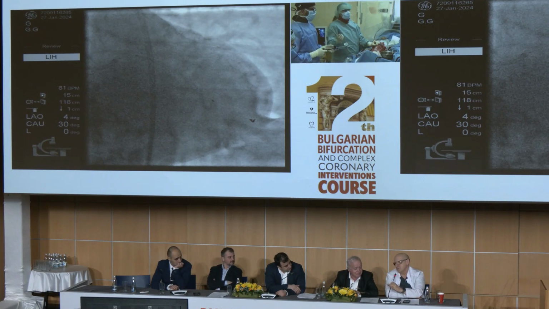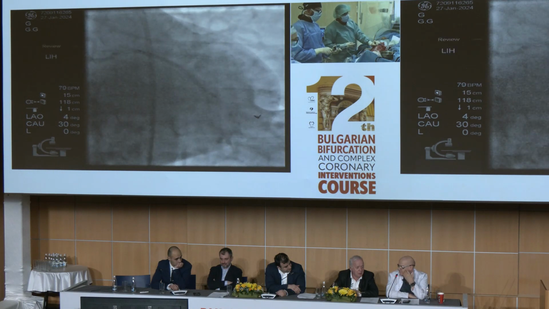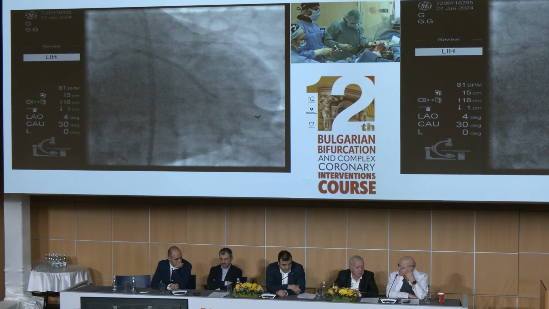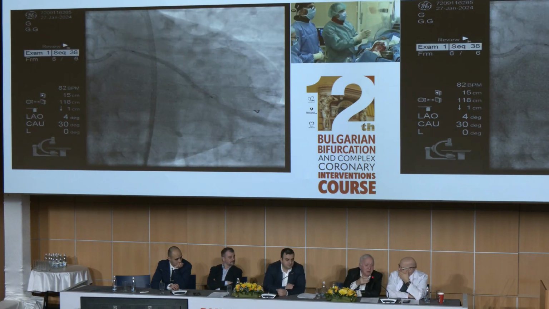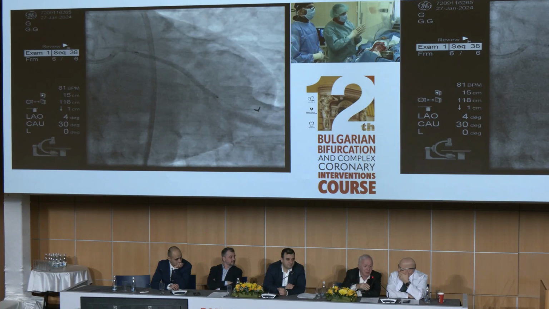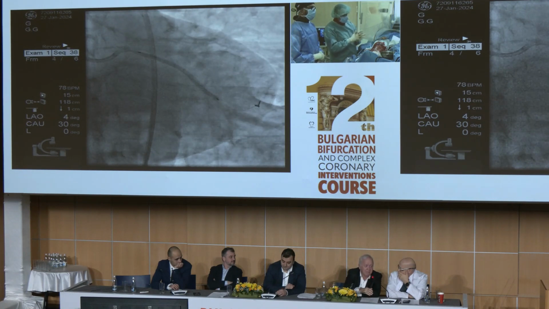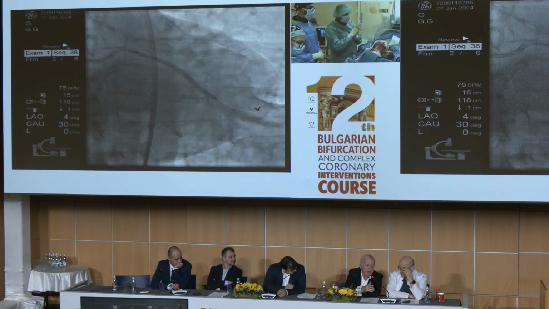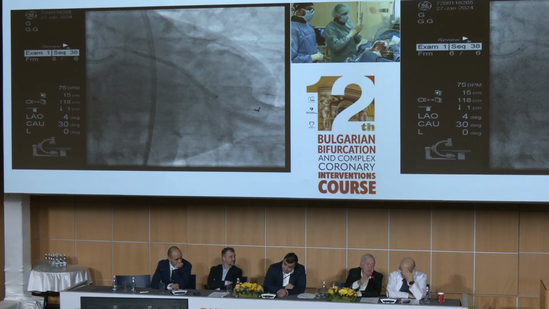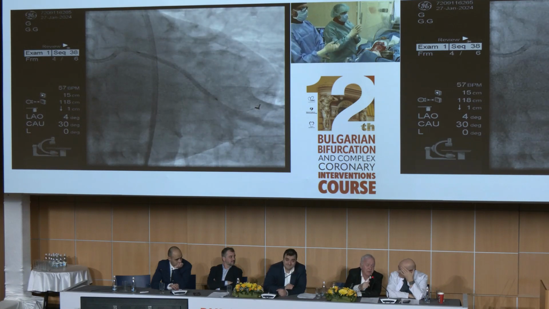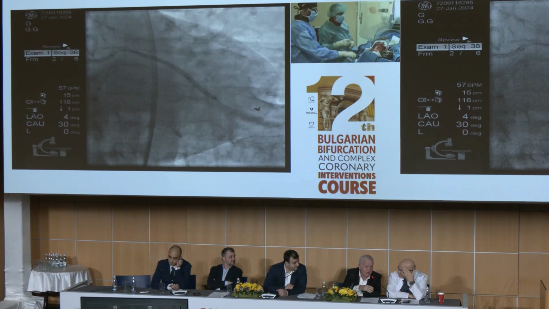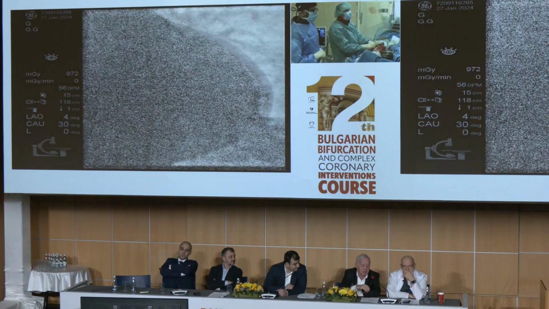What we do routinely is after putting the stent, we always go for a non-compliant balloon. I don't see the reason why we inflate a non-compliant balloon in an already stented vessel, knowing that the nominal diameter in a non-compliant balloon is 15 and more, and it never gets the nominal if you inflate only one time. I can demonstrate that tomorrow if you want, or give you the literature.